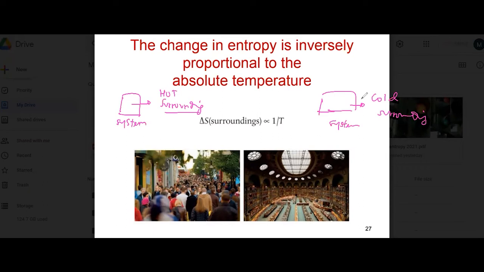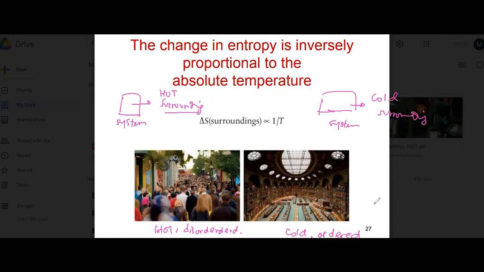You can see these two pictures. A busy street is a hot and disordered environment. A quiet library is a cold and ordered environment.